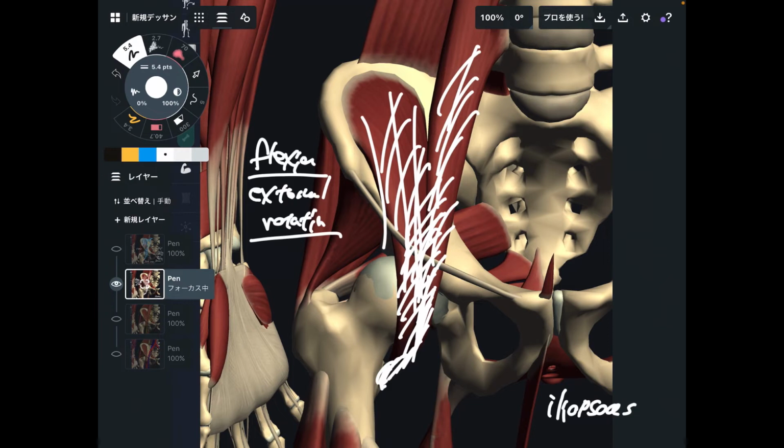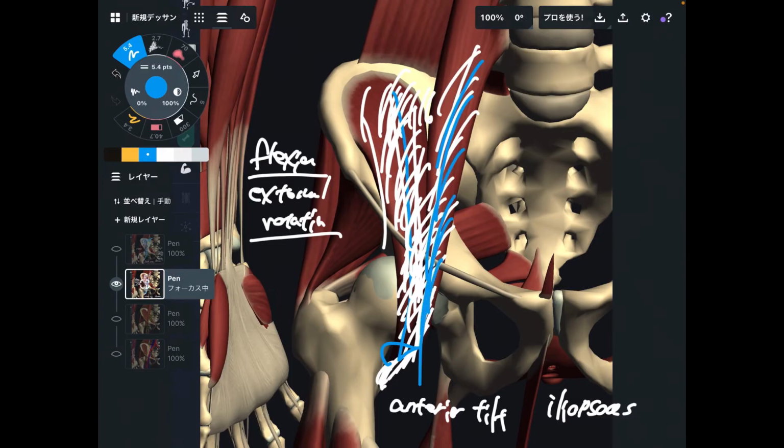Don't forget, iliacus attaches to the ilium. What if iliacus pulls the pelvis this way? What kind of movement is that? That is anterior tilt. Anterior tilt of the pelvis, very important thing. Of course, psoas does hip flexion and hip external rotation because they unite together.